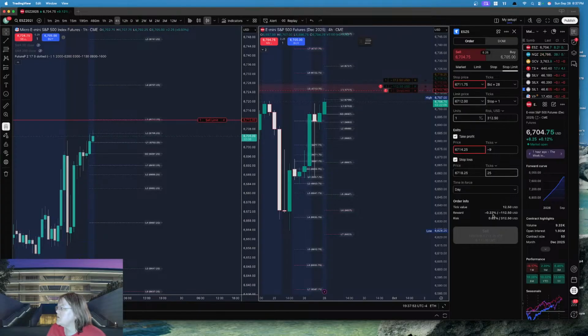Why is it not going take profit? Oh, I want to do this. I've never set this up here before on TradingView, so that's kind of weird.